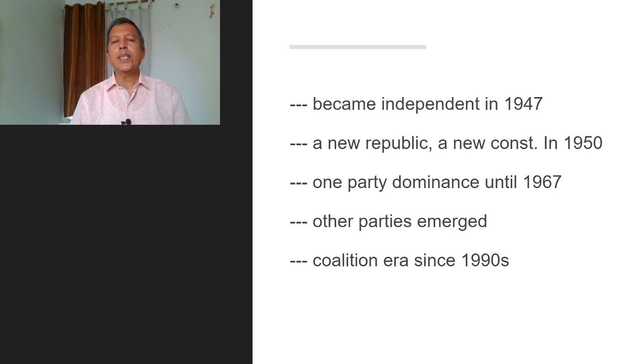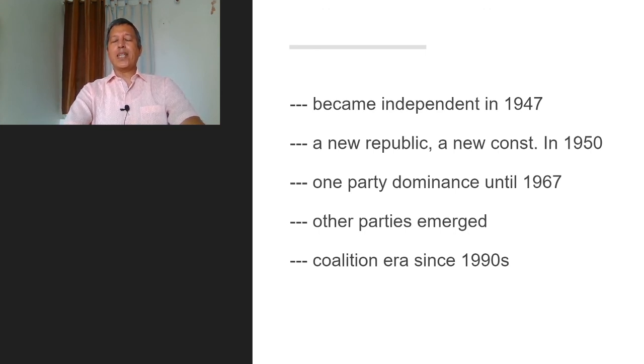The coalition era started in the 1990s, and from 2000 onwards, coalition governments were there. Even now, there is a coalition government, but the party is different, and there are other changes taking place. So I'll not speak more about that. I would wind it up right here.